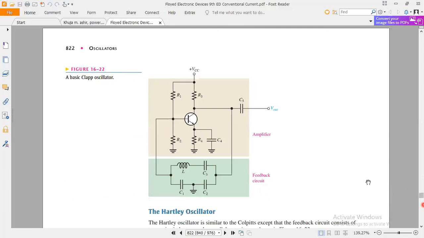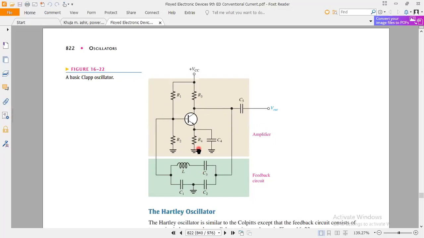So this is the main concept of the Clapp oscillator. Before Clapp, we discussed the Colpitts oscillator, and there is a little bit of change in the Clapp oscillator. Only a single capacitor, C3, is connected in series with L, and then the resonance frequency is controlled by the capacitor C3.